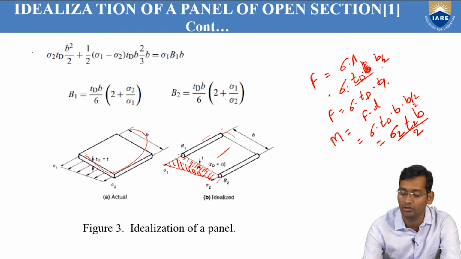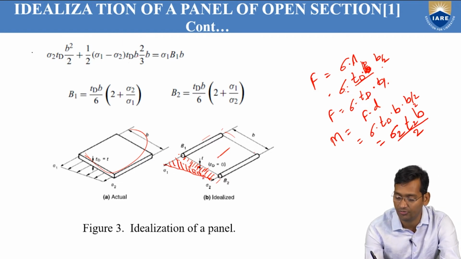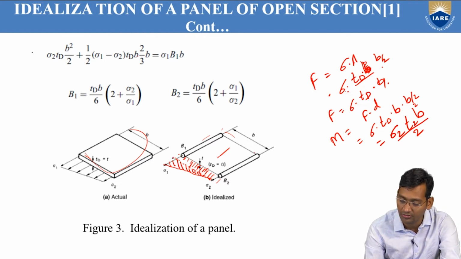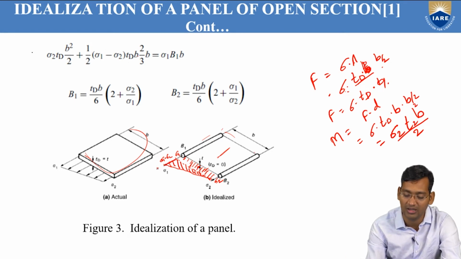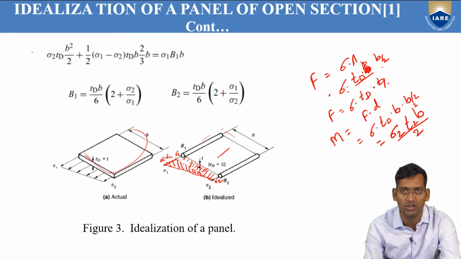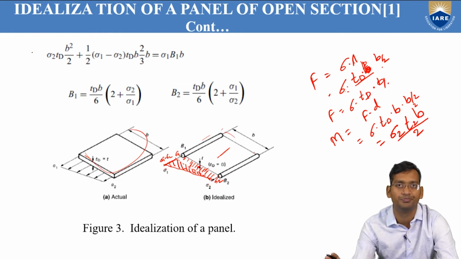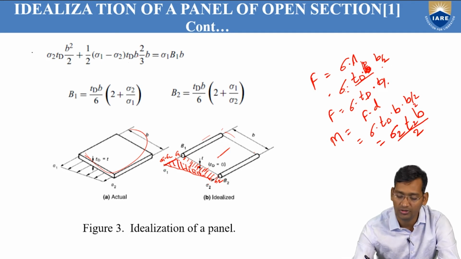So the resultant of sigma 1 minus sigma 2, because this is sigma 1 and this is sigma 2, the difference is sigma 1 minus sigma 2. So sigma 1 minus sigma 2 into T B, that will be the area, acting at 2/3 of B. That is equal to sigma 1 B1 into B. So that is the first equation from this side.